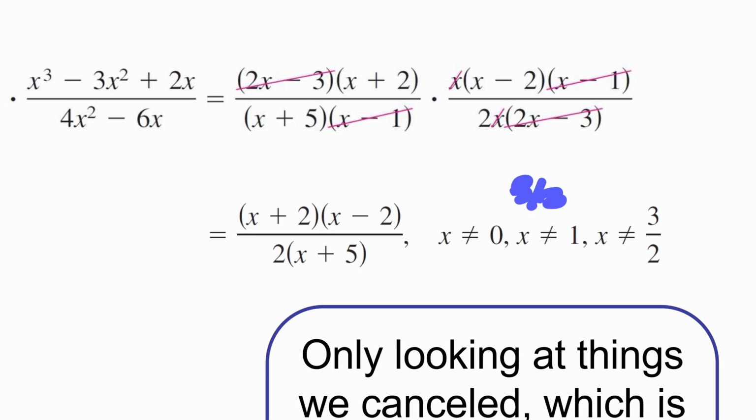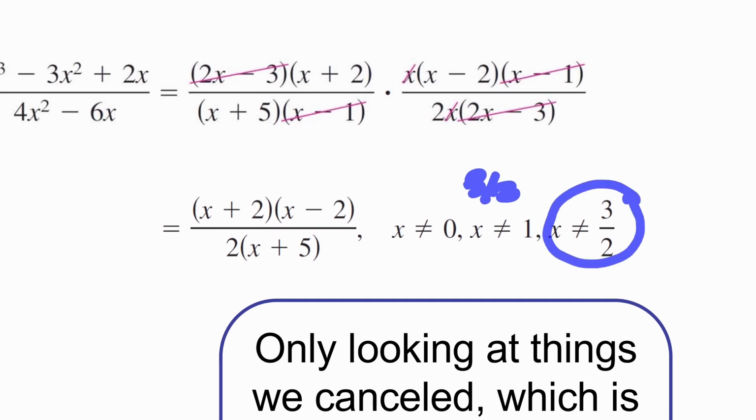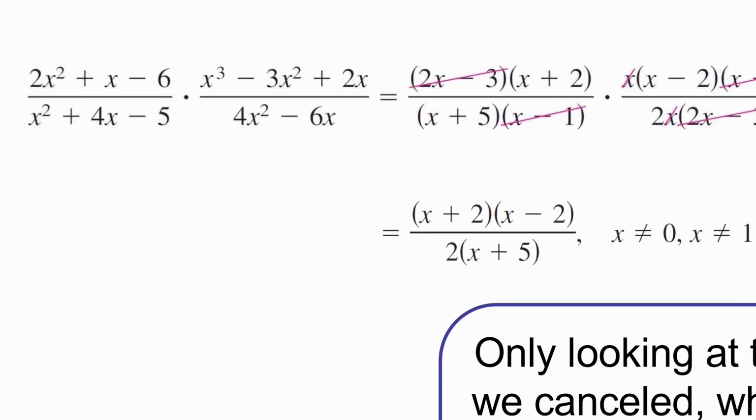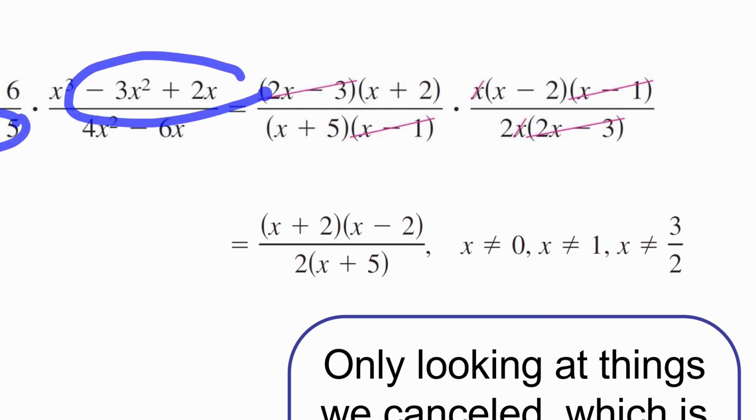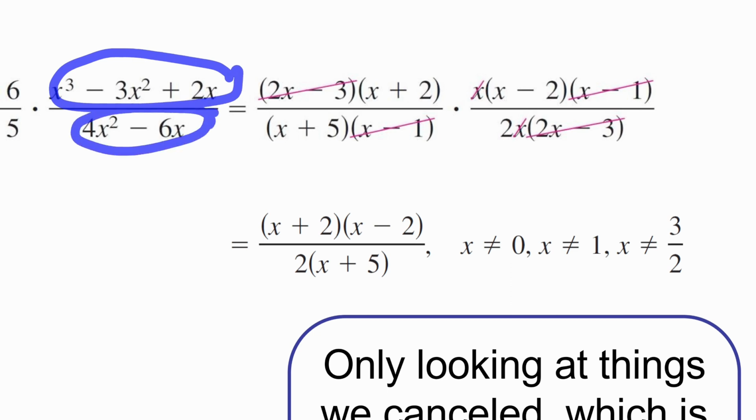And so we know x can never be 3 halves because that makes the denominator 0. And then also, when we factor this denominator and this numerator, we get x minus 1 as factors. So we know those cancel out. And when we factor this stuff and this stuff, we get an x factor.